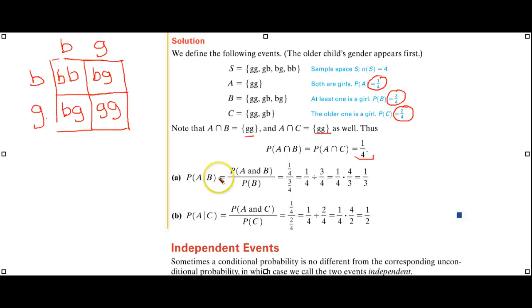So using our conditional formula, which is the probability of A given B, we have this, and we said this was 1/4 and this was 3/4.